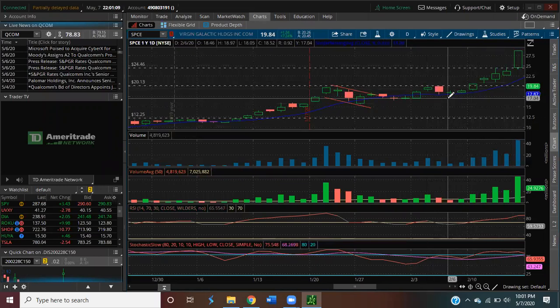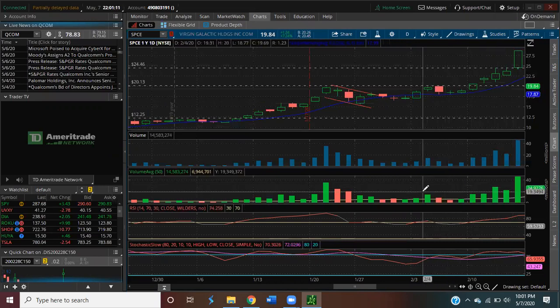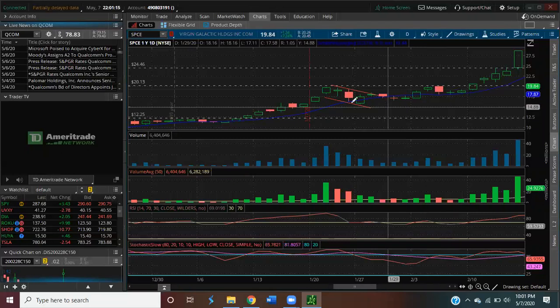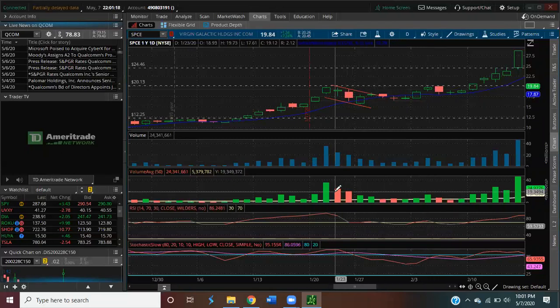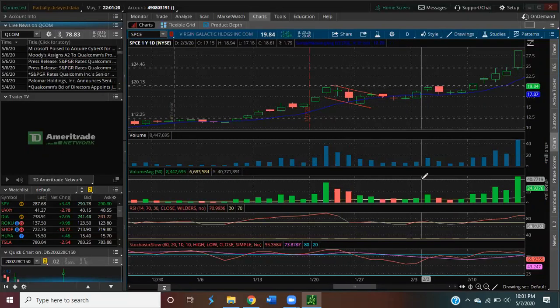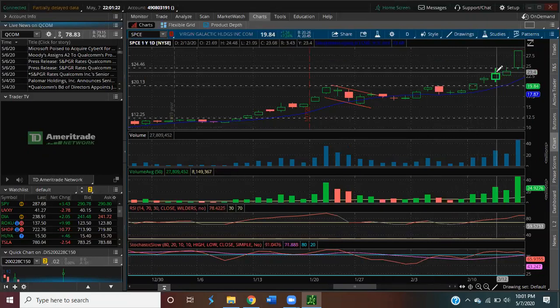So with your entries and exits, you always want to look for a break of support or resistance, or a break of a pattern with good volume. So you see with this right here, when it created this resistance at 24, you see 2 days it couldn't break above, but the day that it did break above, look at this volume compared to all the other volumes.